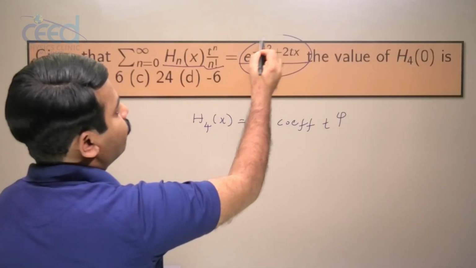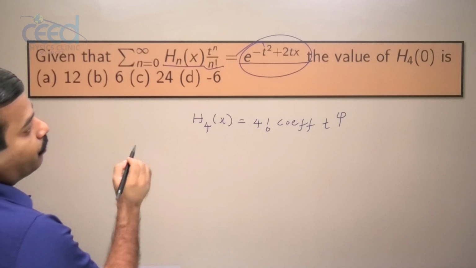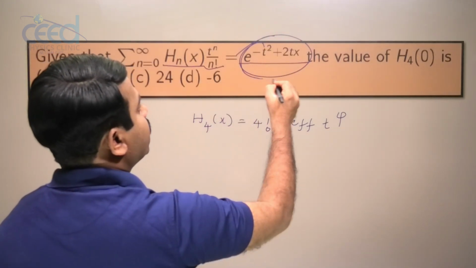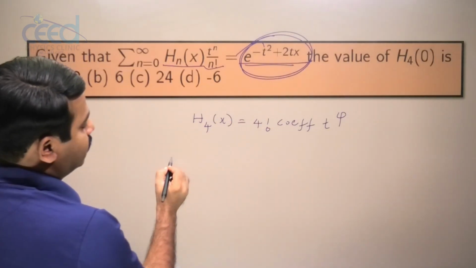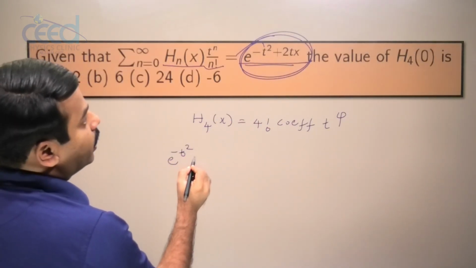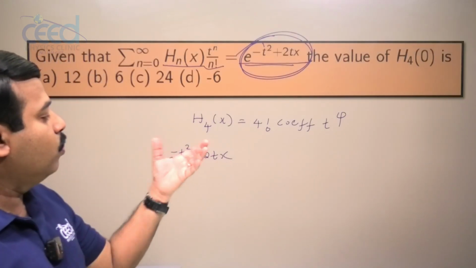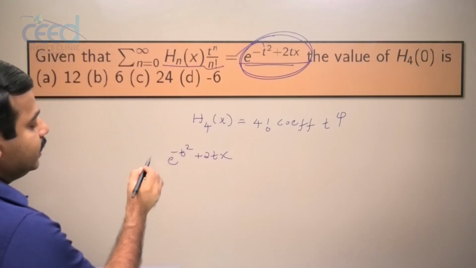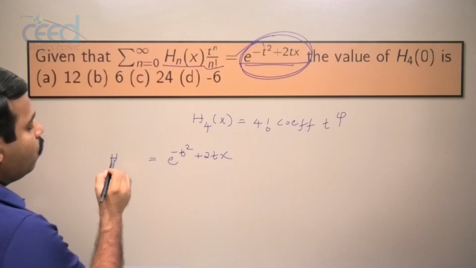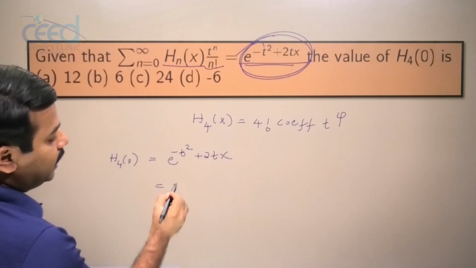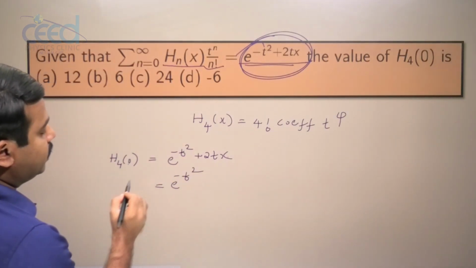Now here, coefficient of t raised to 4. What is the generating function? See, for H4 of x, you have to find the coefficient of t raised to 4 from this function, e raised to minus t square plus 2tx expansion. Then we need H4 of 0, so you can put x equal to 0. Then e raised to minus t square expansion.